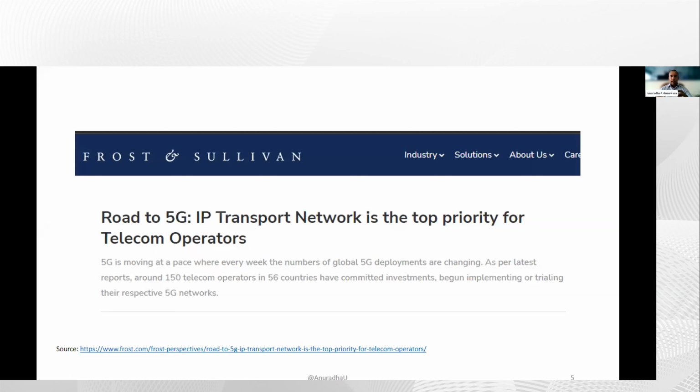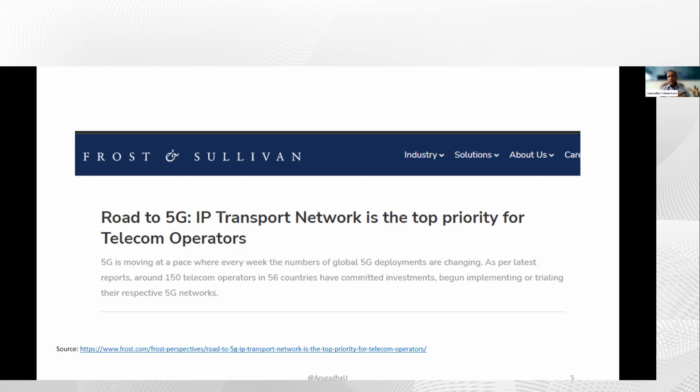So although we don't build transport networks just for 5G, a transport network for a service provider or telecom operator is going to carry not just 5G services, but a mix of services: residential, business, enterprise services, mobile services, wireless services, fixed services, etc. But the priority is there because everything depends on the transport network.